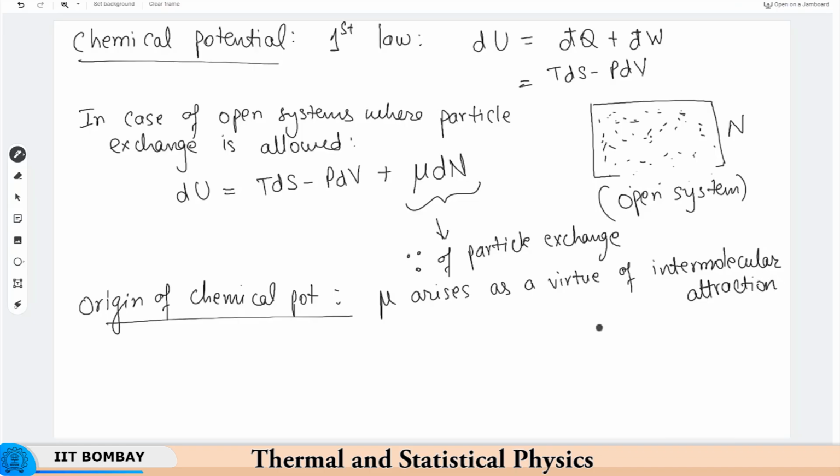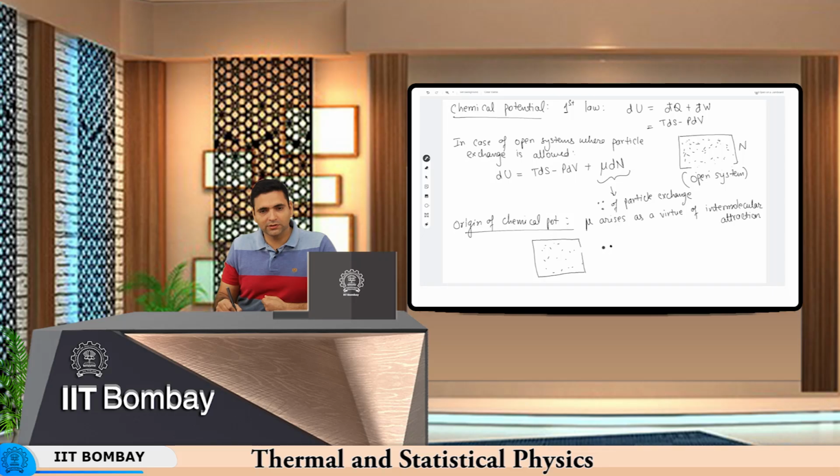Okay. And I will just take a very simple example. Say we have a system, right, and it has a certain number of particles, and say we open this system for a short while, so that there is another molecule sitting much farther away from it, and we are slowly bringing it back and throwing it into the system, right. So, we are changing the number of particles in the system, all right.